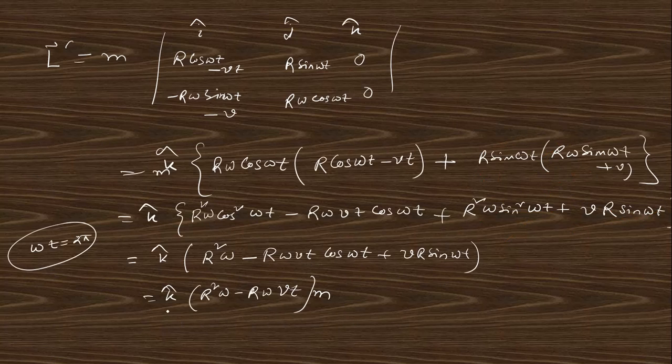V is given by omega r. Just put it here, so you get k cap.